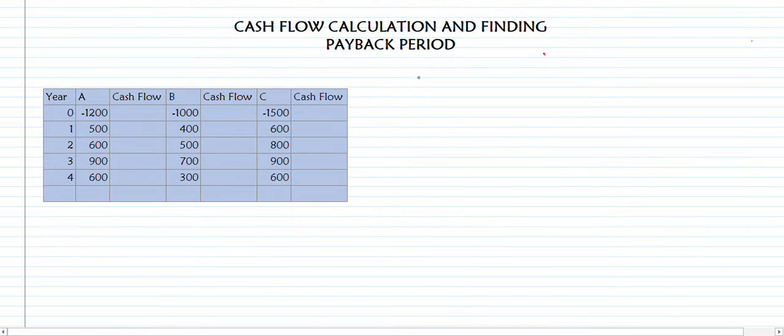So we know that our cash flow will be equal to our revenue minus our capital cost.